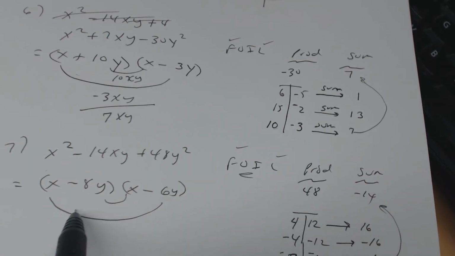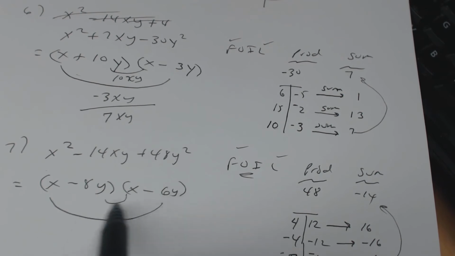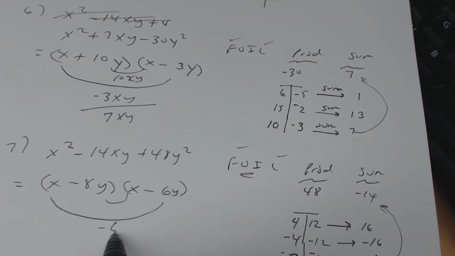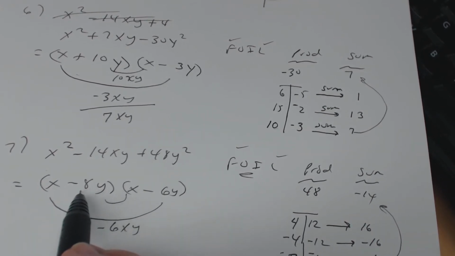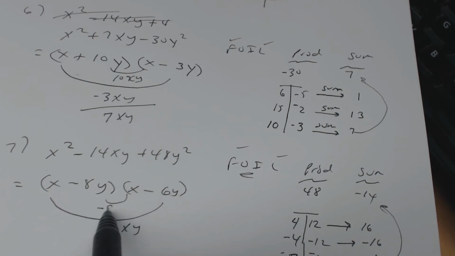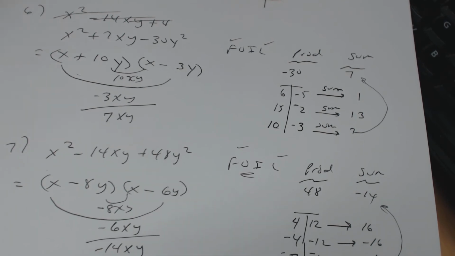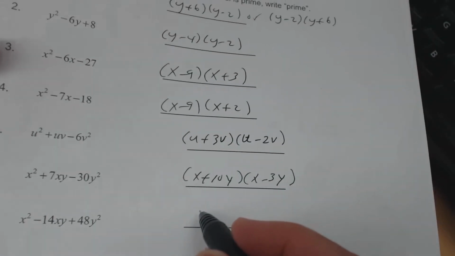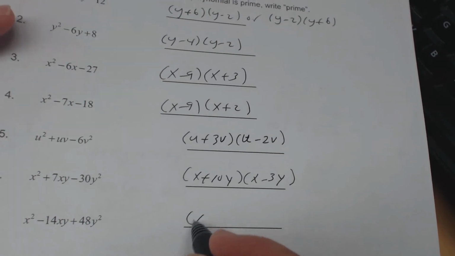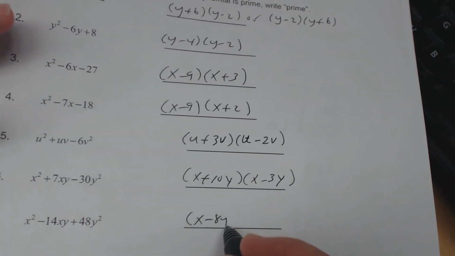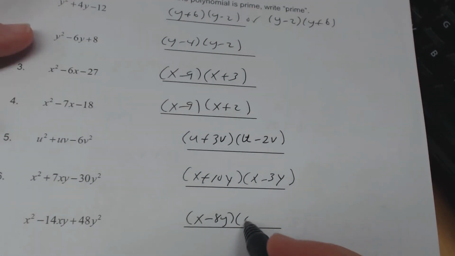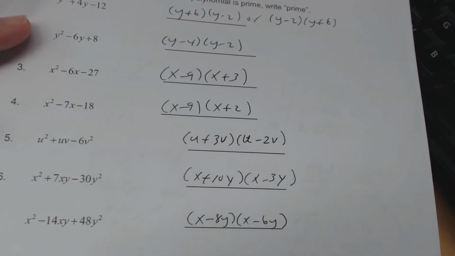The outer, x times a negative 6y, is a negative 6xy. Negative 8y times x is a negative 8xy. And when I add them up, I do get a negative 14xy, and that's what you wanted. So that's the answer to number 7: x minus 8y times x minus 6y.